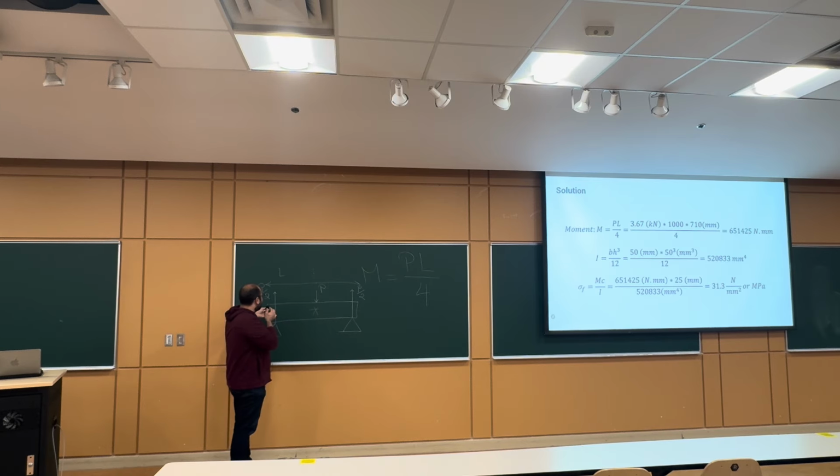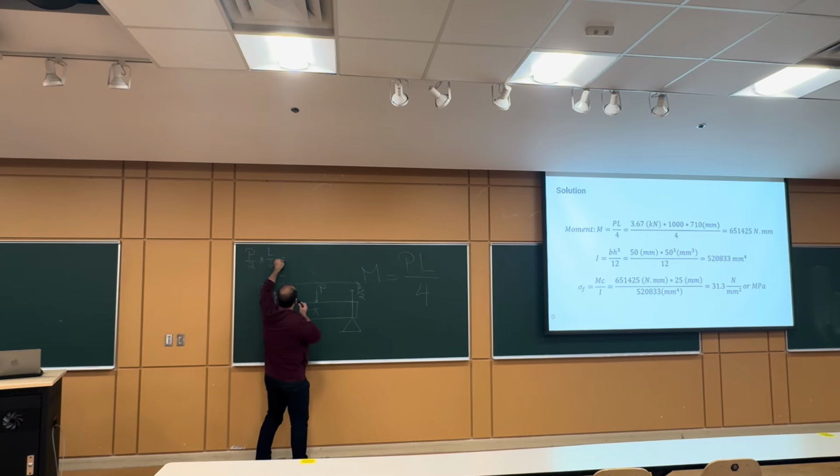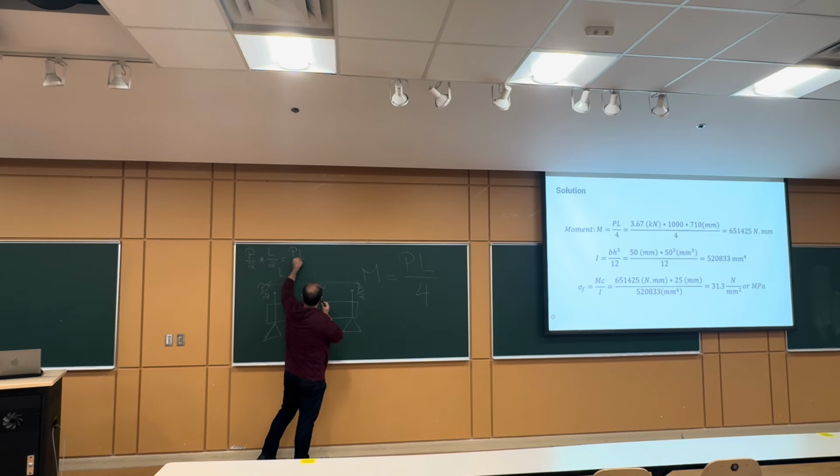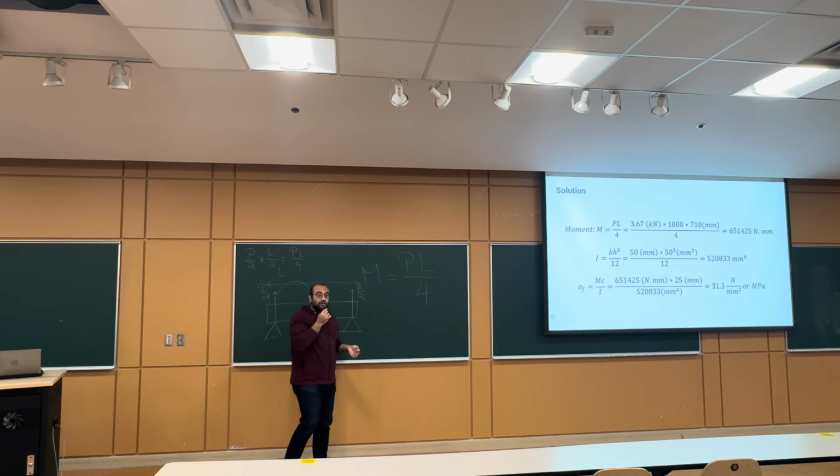And since it's the moment around this center, it's the P over 2 multiplied by this length here, which is half of the L. So it's P over 2 multiplied by L over 2, giving us PL over 4. And this is the induced moment caused by this force from each direction. So that's how we calculate the moment.